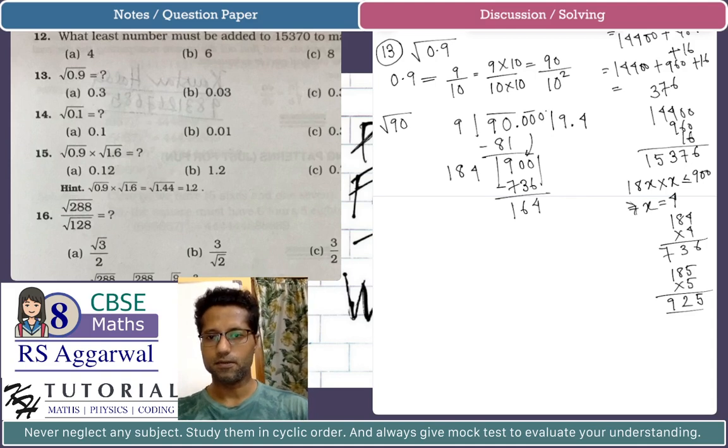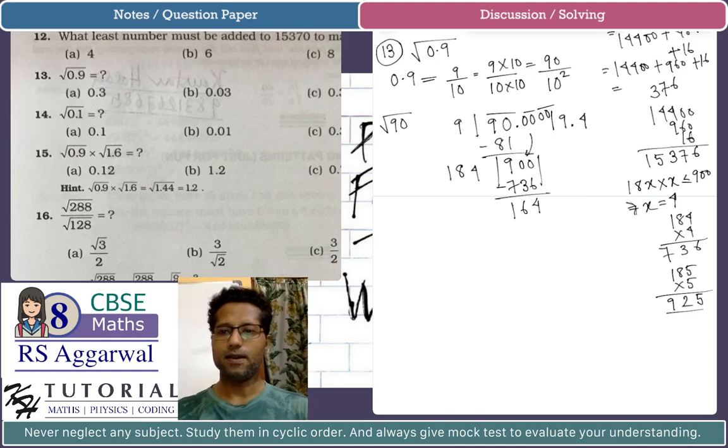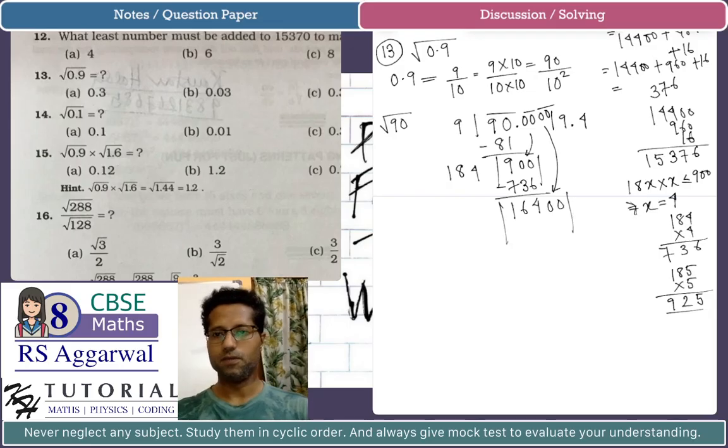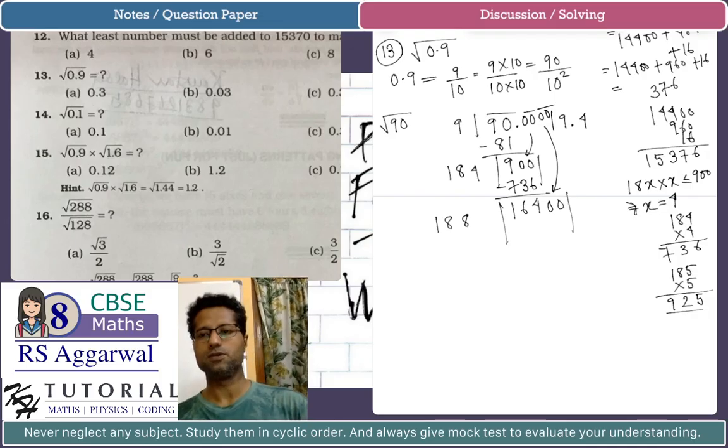I am adding another period of zeros, and I will bring that 0 over here, and I have 16400, and the next partial divisor will be whatever the current quotient is, ignoring the decimal point, that is 94 multiplied by 2. So that is 188.